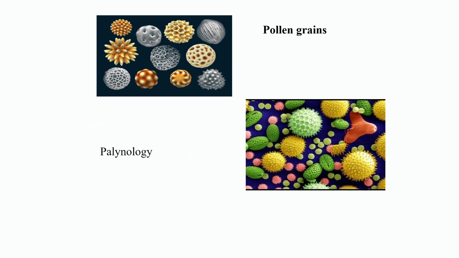Now, when we talk about pollen grains, see, they are very important structures. The structure of individual pollen grain, actually, you will see that they will have an outer wall and an inner wall.